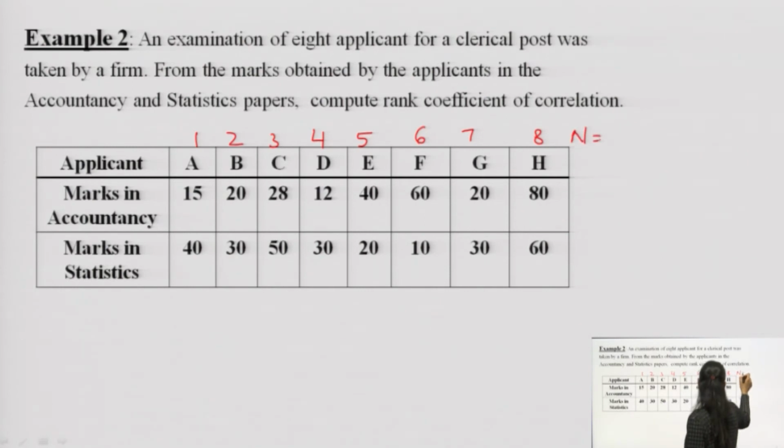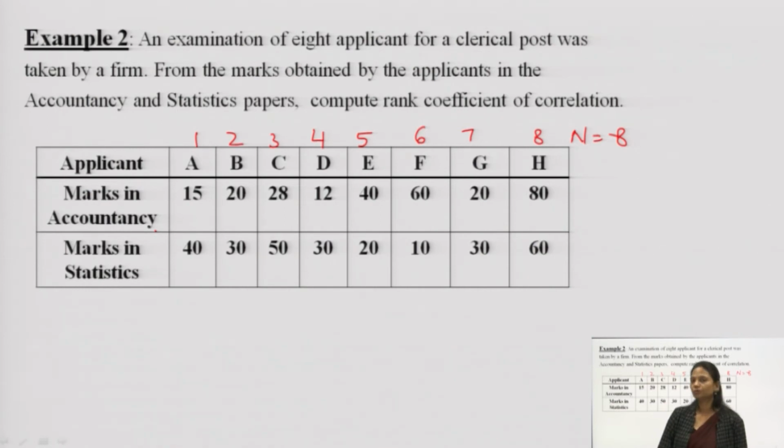So, my n becomes 8. These are the marks in accounts: 15, 20, 28, 12, 40, 60, 20, 80, and marks in statistics are 40, 30, 50, 30, 20, 10, 30, 60.